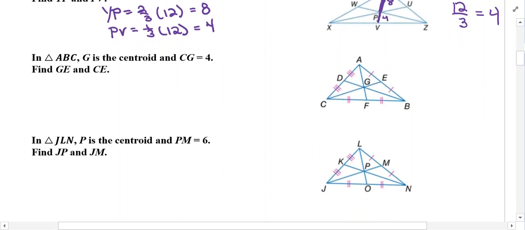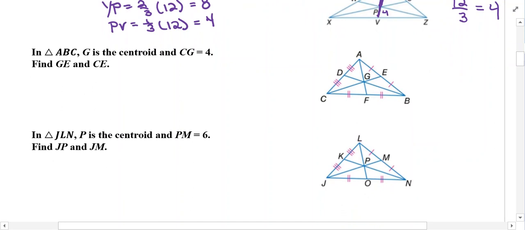In triangle ABC, G is the centroid, and CG, here, CG is 4, and we want to find GE and CE. So CG is 4, and CG is equal to 2/3 of CE.